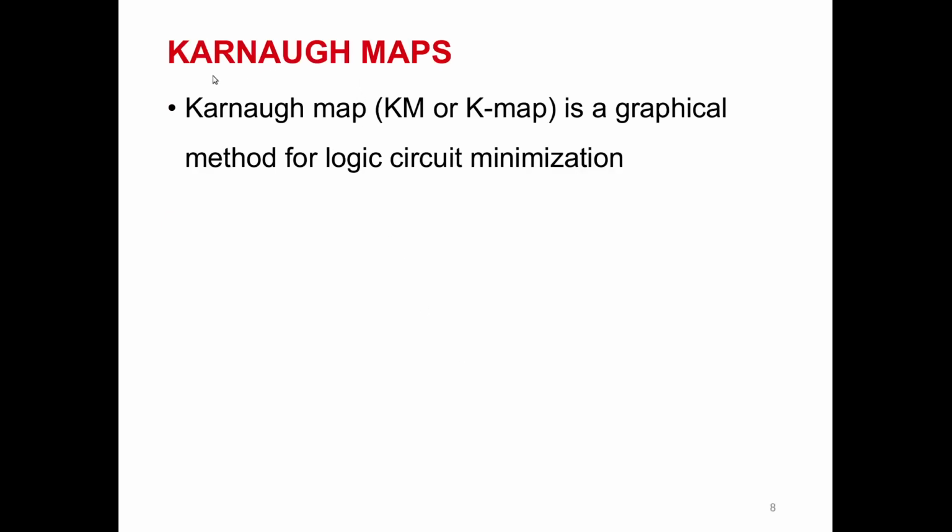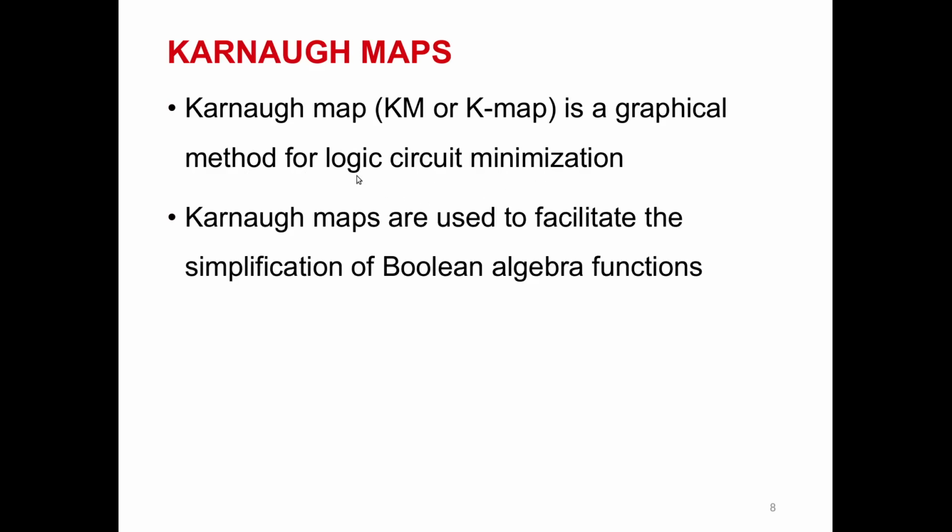We can use Karnaugh maps to show our logic function or our truth table in order to do minimization or optimization for our logic circuit. I think you still remember it from our labs.